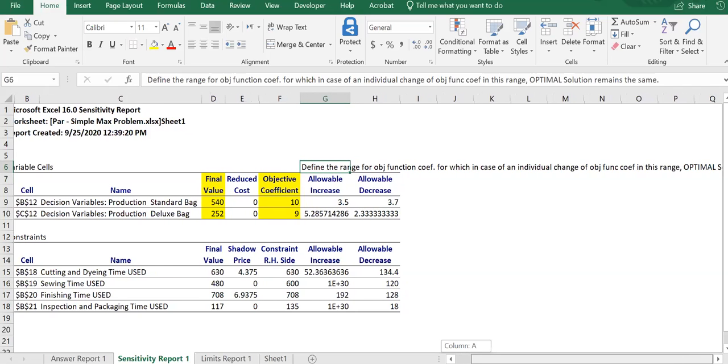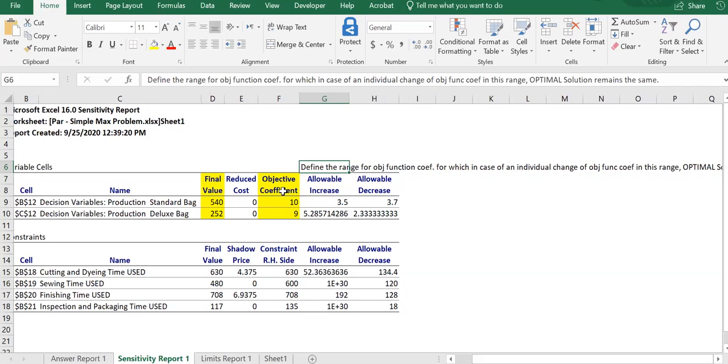These two, allowable increase and allowable decrease, just define a range for the objective function. Right now we have just two numbers, but with these we can define an interval, a range. If the objective function coefficient for this variable makes one individual change within that range, the optimal solution, these two, 540 and 252, are not going to change.